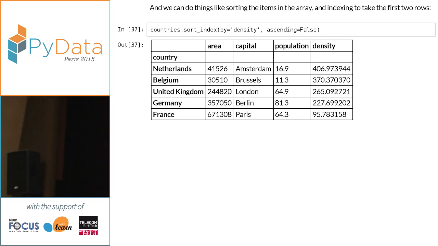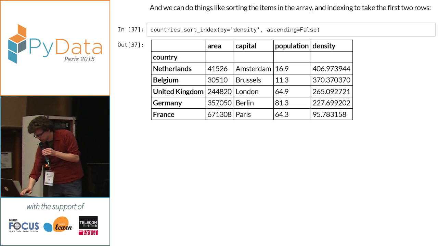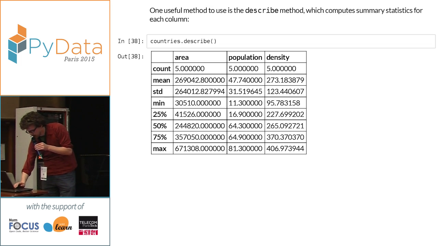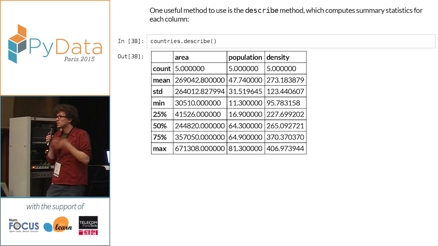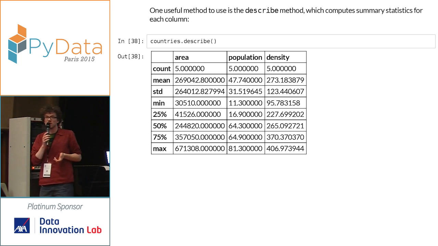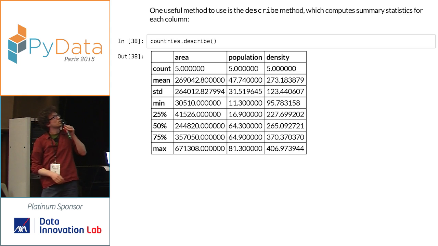And this is just an example that you can also sort based on a certain column. Then another useful method is the describe method, which just gives you a basic summary of some statistics, giving the number of values, the mean, and some quantiles.